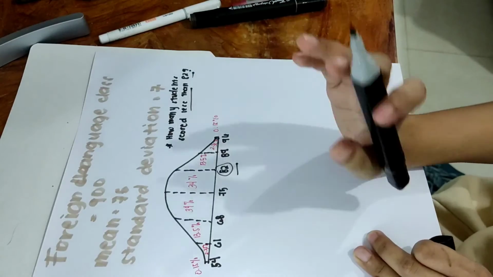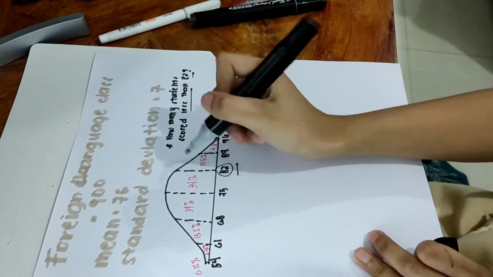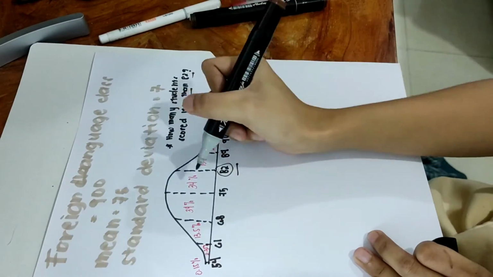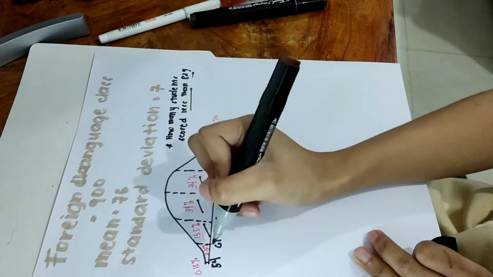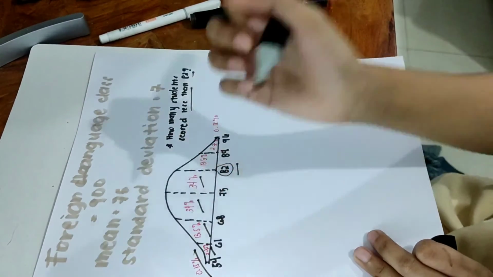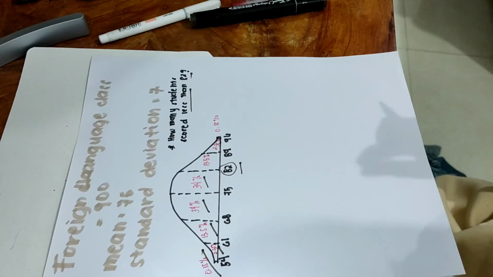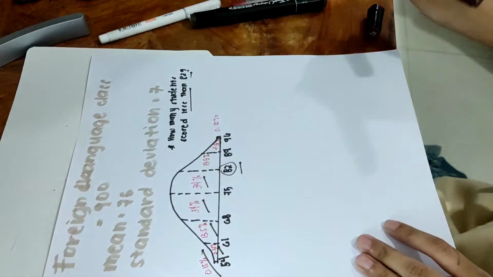So, what is less than 82? Anong percentage ang meron sa less than 82? Siyempre, ang 34%, 13.5%, 2.35%, and 0.15. Of course, kasama ang 0.15. And katulad ng kanina, you just need to add these values.